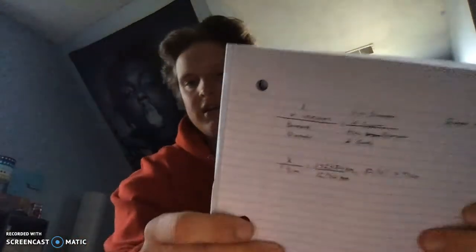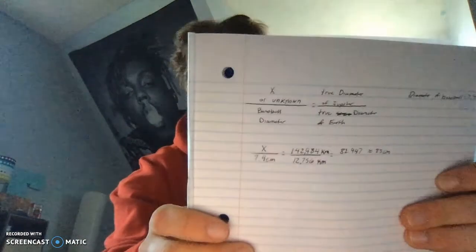So the way that I set up my word question was x for unknown. So like this scale of what the diameter of Jupiter would be over the diameter of a baseball equals the true diameter of Jupiter over the true diameter of Earth. So I had that on here. It's on the top.